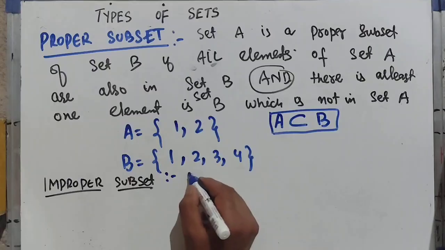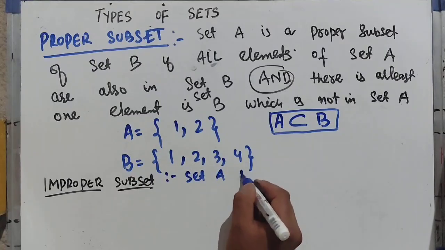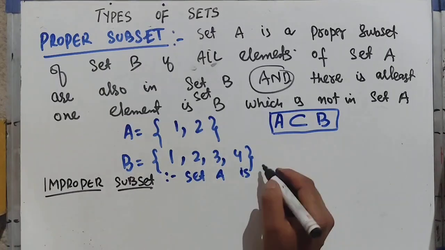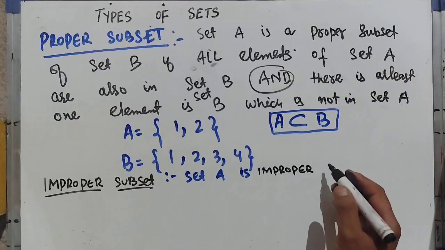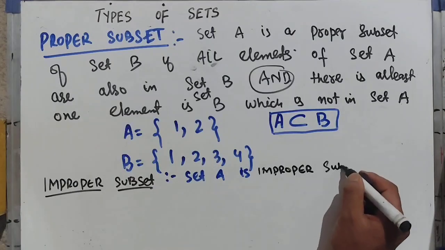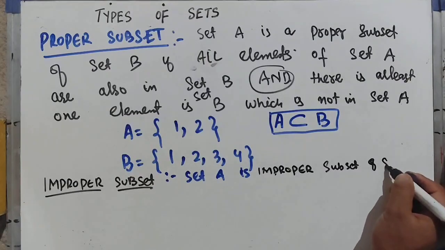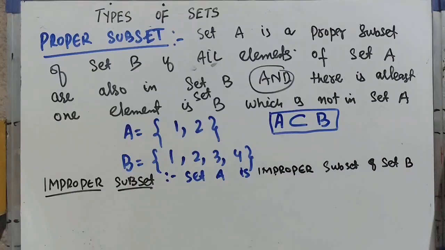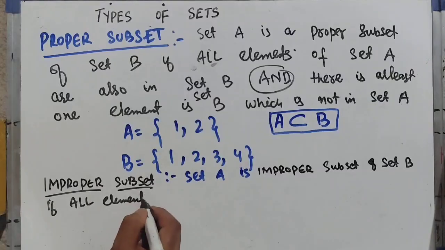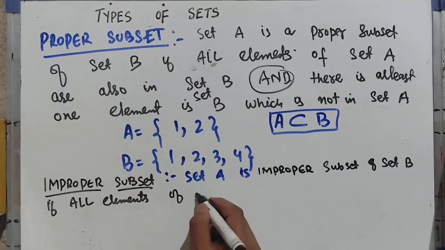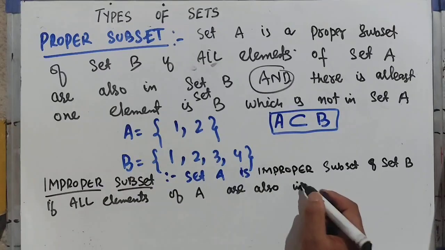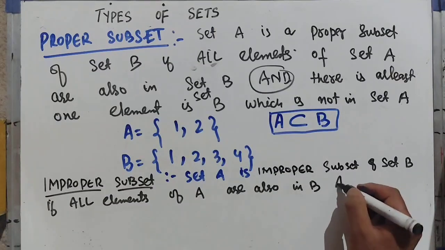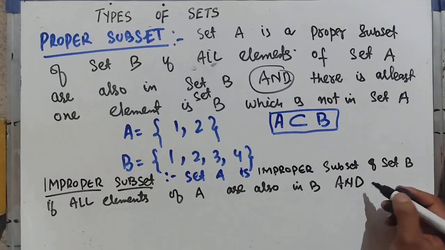We say set A is an improper subset of set B if all elements of set A are also in B, and A is equal to B.